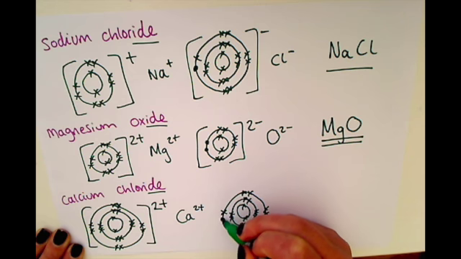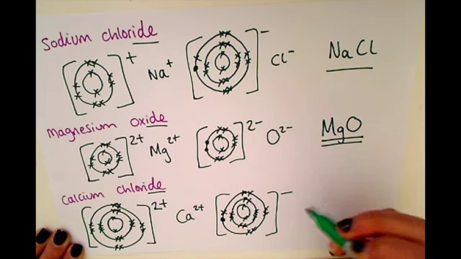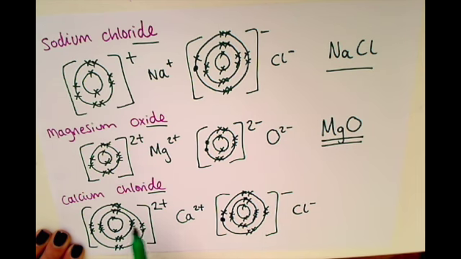It gains 1 electron and is a minus ion, which is Cl-. So one of the electrons from calcium has gone onto the chlorine, but there's another one, and because there's another one you need 2 chlorine ions. You can see this here because you've got Ca2+ and Cl-.